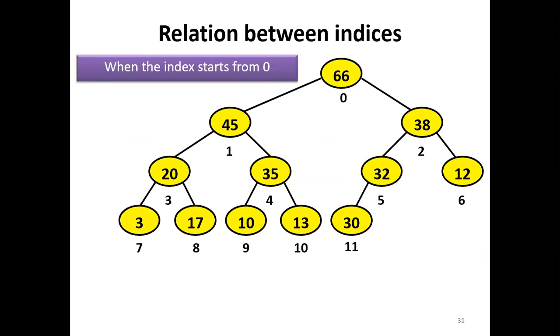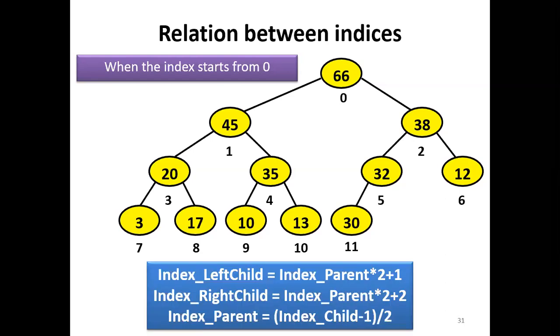In some cases, we might want to start the index from zero. And if we start the index from zero, then the pattern we followed in the previous process might not work. So we have to change the pattern to look like this. The index number for the left child will be equal to the index number of the parent times 2 plus 1.